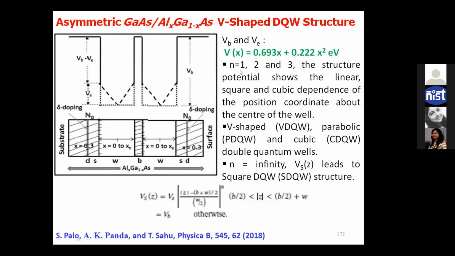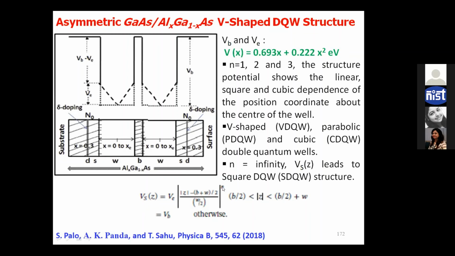But if you take this structure expression, which is V into the modulus of Z minus (V plus W) by 2, to the power n, inside the well, where W is the well width, V is the barrier width, Z is the position of the growth. Here we say V is the height of the well.